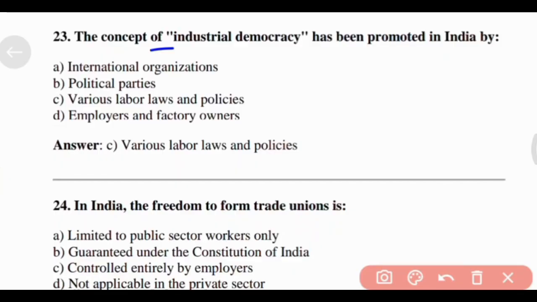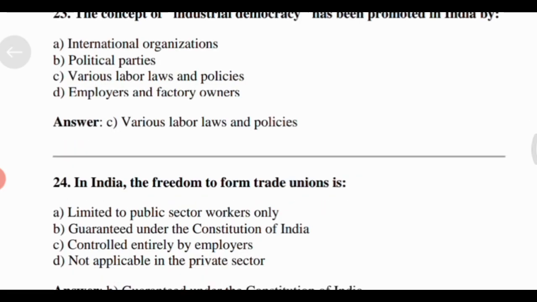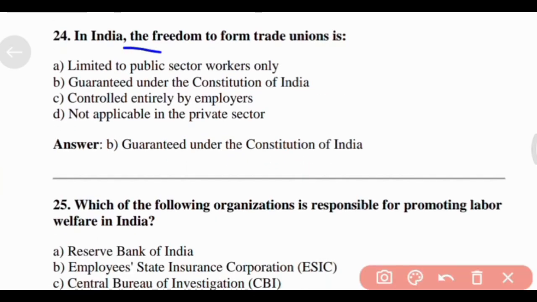The concept of industrial democracy has been promoted in India by option C, various labor laws and policies. In India, the freedom to form trade union is guaranteed under the Constitution of India.